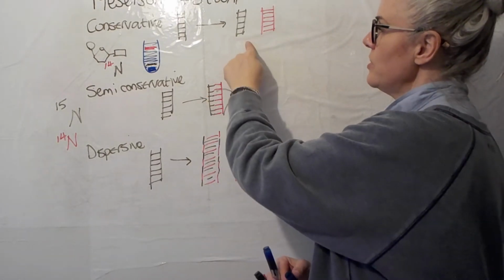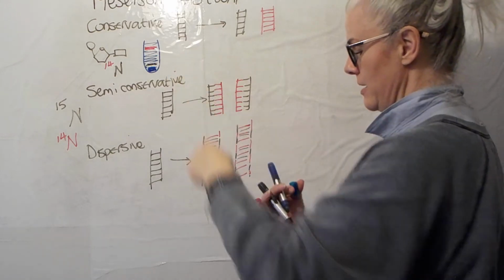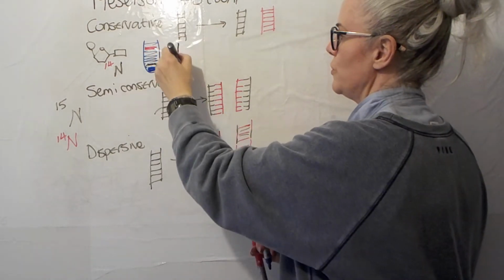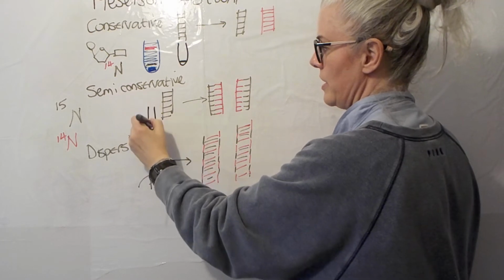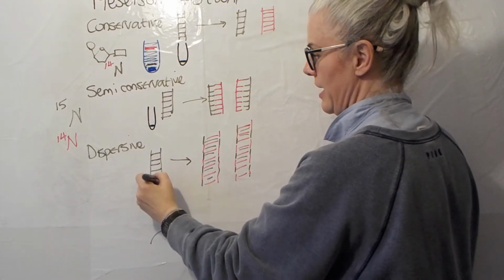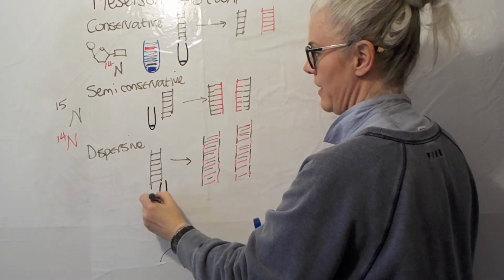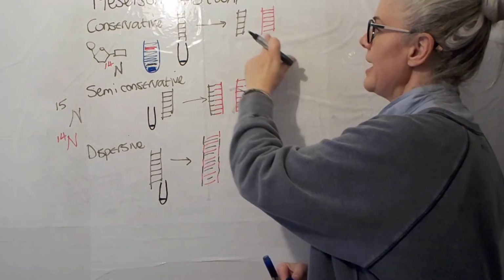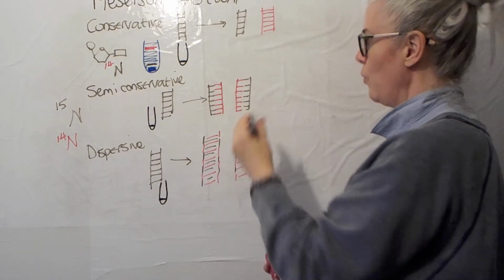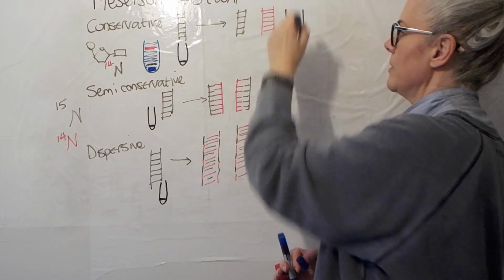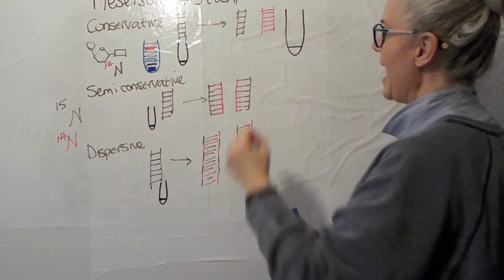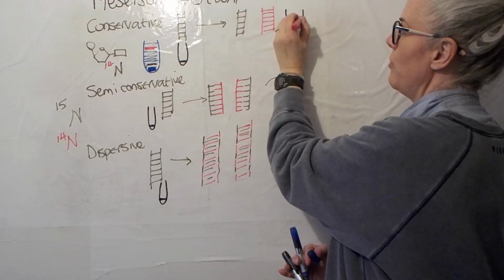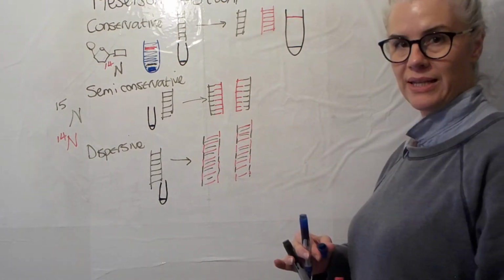So if it was conservative, what you'd get here would be a band for N15. Same with this one. You get a band down there for N15. If it was conservative, what you would get is a band down here for N15, and this one would form a band up here for N14.